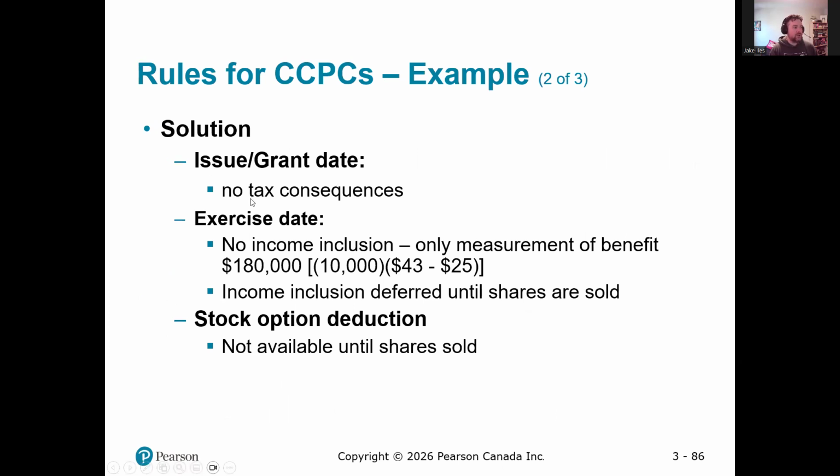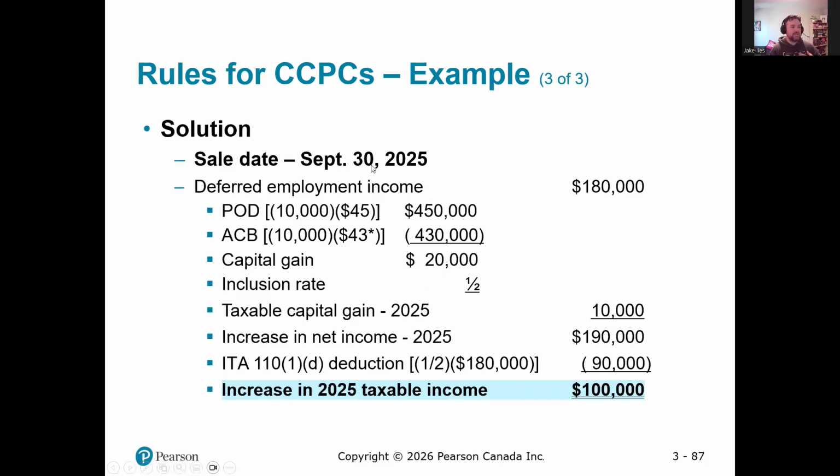So the solution: no consequences on grant date. That income inclusion of $180,000 is calculated on the exercise date, but won't be added to income until we actually sell the shares. So the stock option deduction is not available until the shares are sold. On September 30th, the shares are sold. Before, our income was broken up between 2024 and 2025.